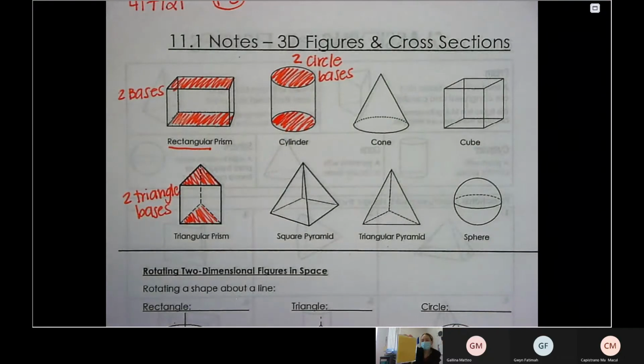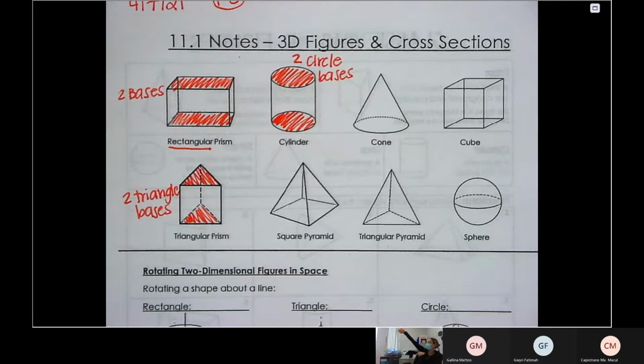Here's a triangular prism. It's got a triangle at the top, a triangle at the bottom, and it's connected like a triangle box, essentially.